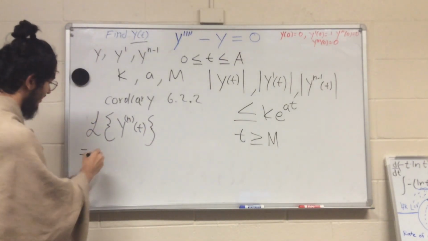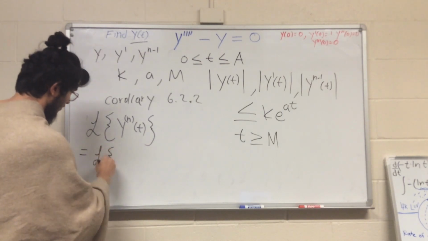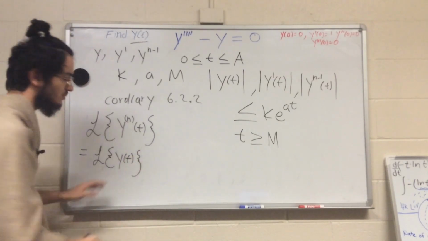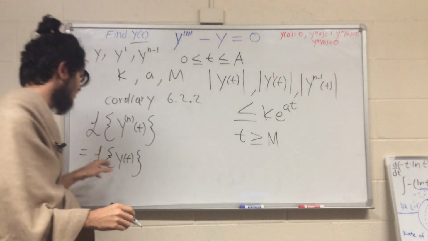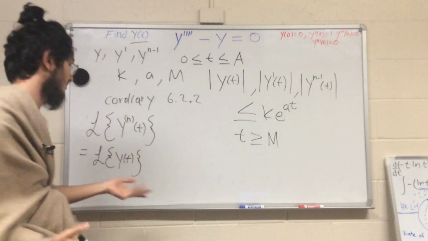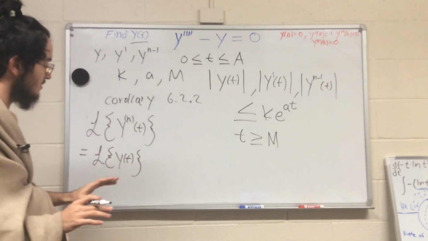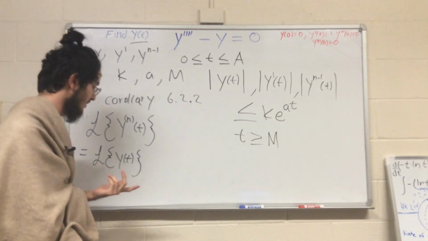the Laplace transform of y of t. So now the idea is to rewrite this in terms of the Laplace transform of just y, the zeroth derivative, which is just the function itself, y of t, the one that we want to find.